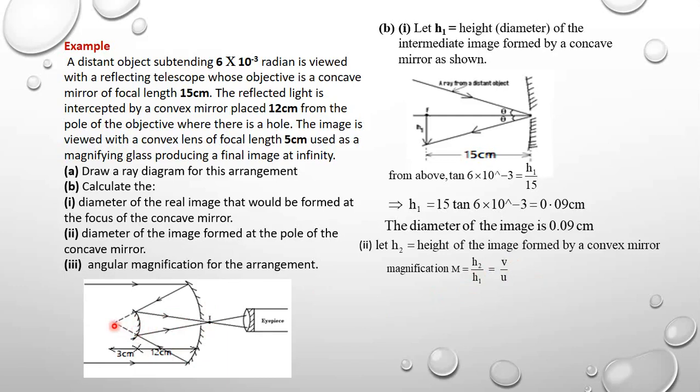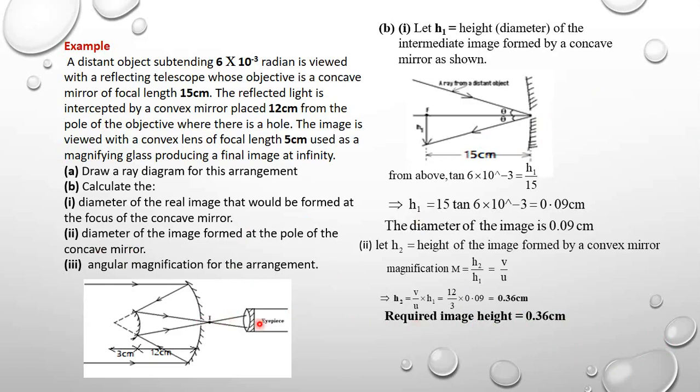And the distance from here up to here, the object distance, is 3 centimeters. So we shall substitute that and get our h2 as 0.36 centimeters. So the required diameter, the height of the image formed by the convex mirror at the pole of the concave mirror, is 0.36 centimeters.